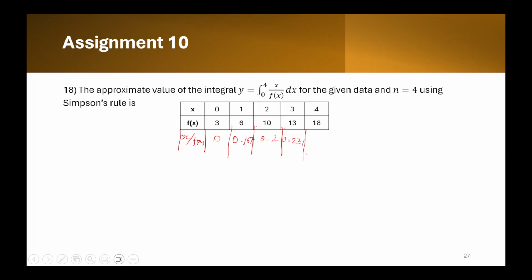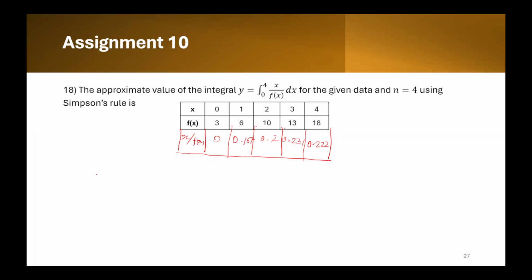Then 4 by 18, so 0.2222. So this is your x by f x.